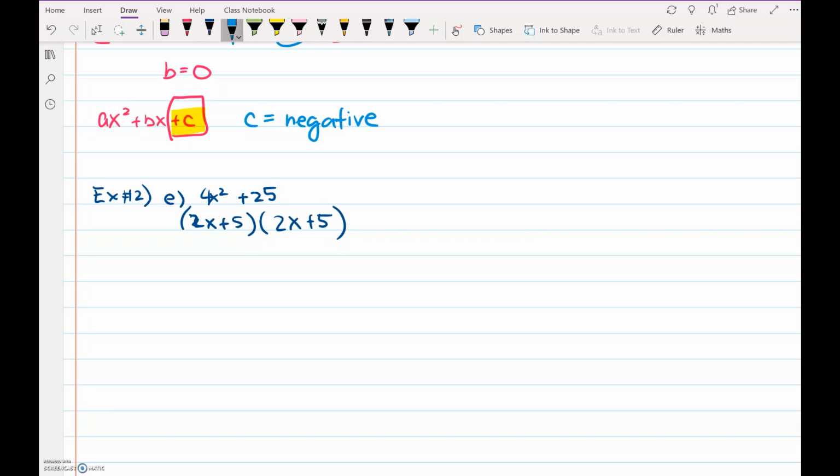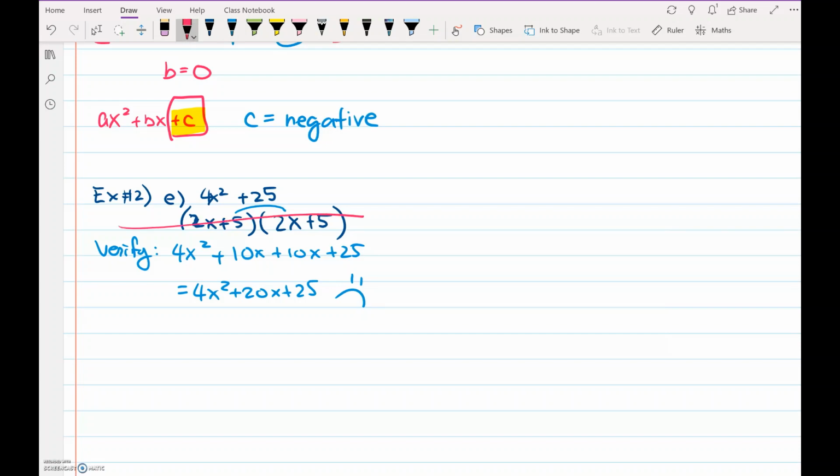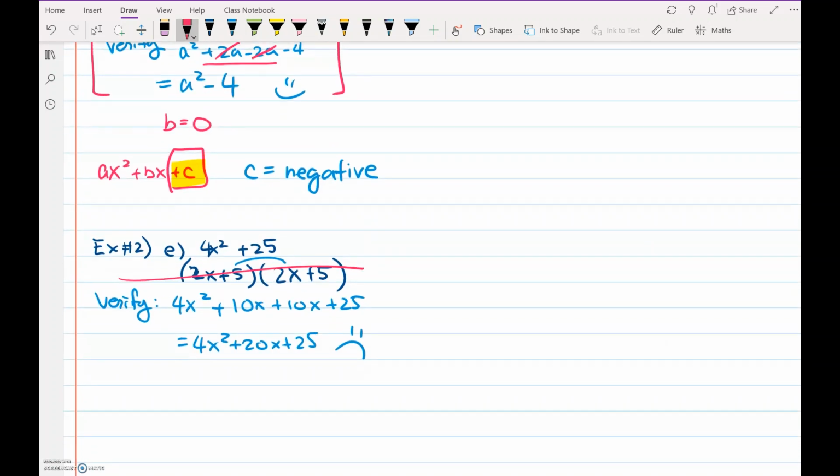Okay, this doesn't work. And how do we know that? Well, let's go backwards and verify that. We have 4x squared plus 10x plus another 10x plus 25, and then what we get is 4x squared plus 20x plus 25. This doesn't work, okay? So don't make that mistake.